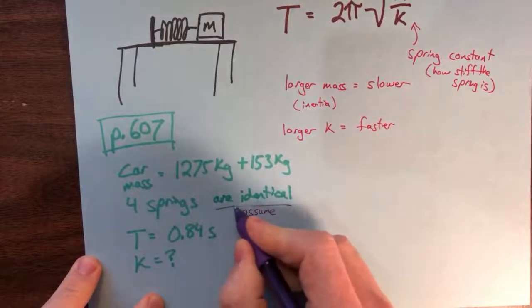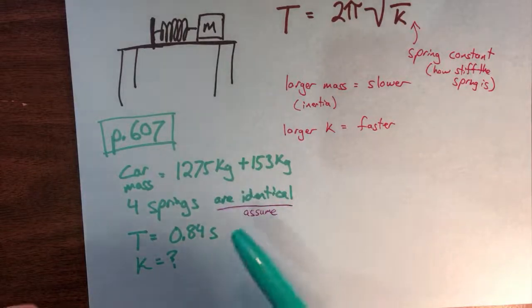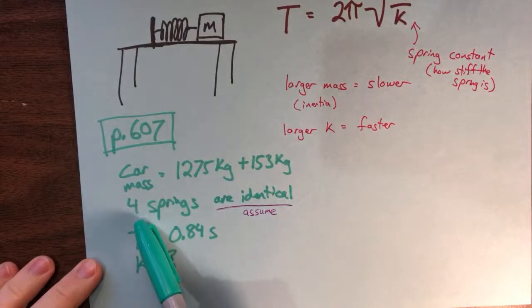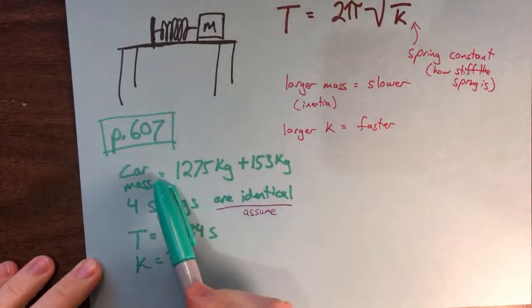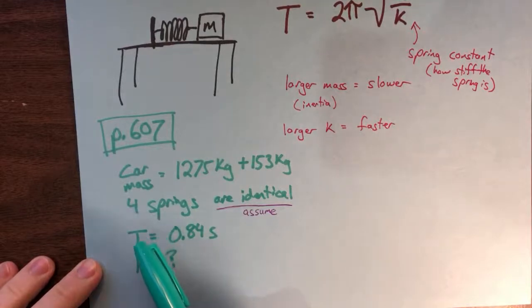All right, once we do that, we can kind of work this out to our favor and figure this out, okay? So if we assume that these are all identical, we're going to assume that each spring is going to hold an equal part of the car's mass. So each spring is going to hold 1/4 of the car up.